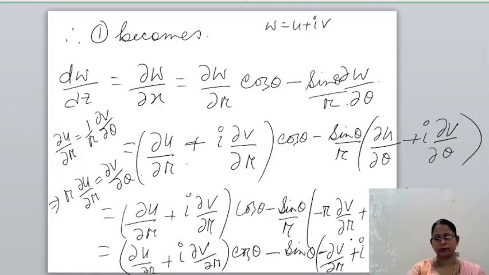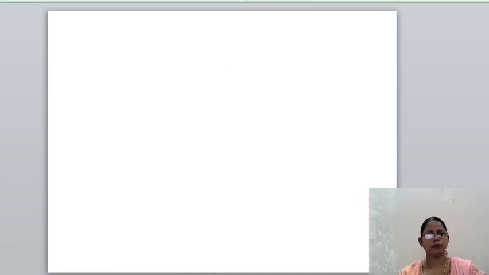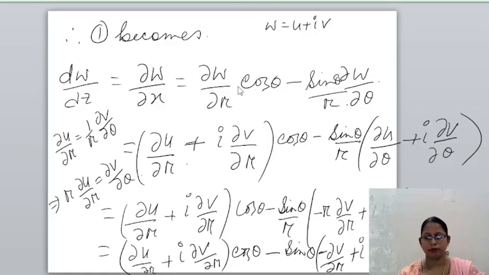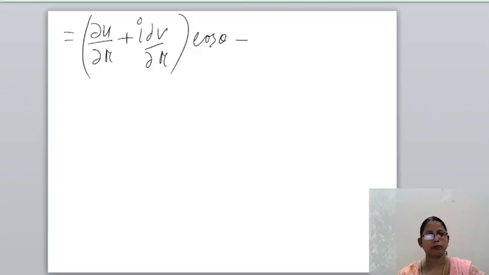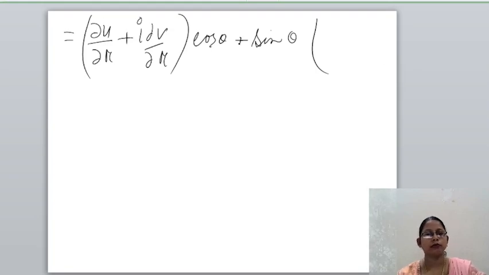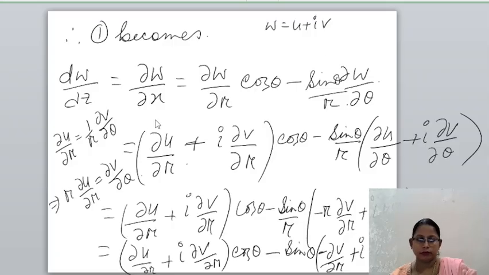I will change it: del u by del r plus i del v by del r, cos theta, minus sin theta, then if I take i common, it will be del u by del r plus i del v by del r. This is minus 1, that will be i square.